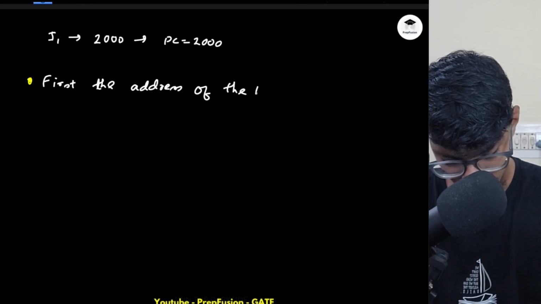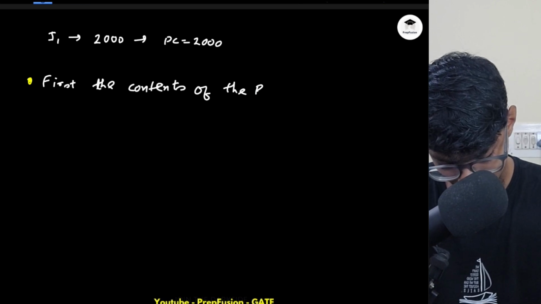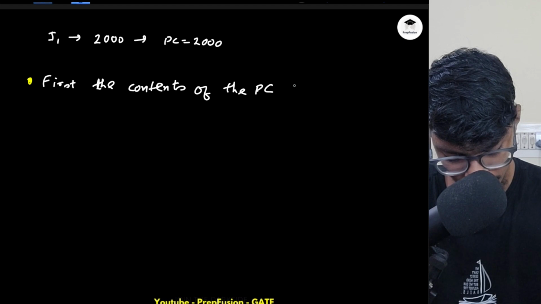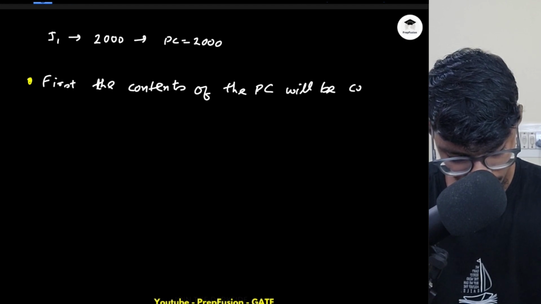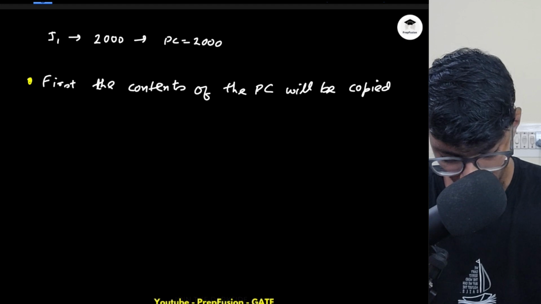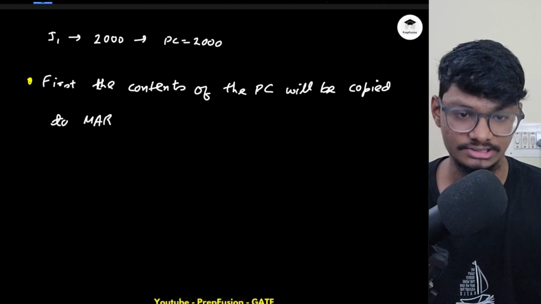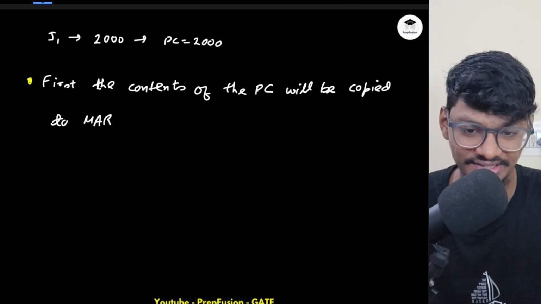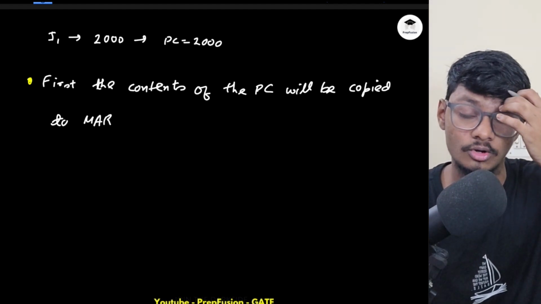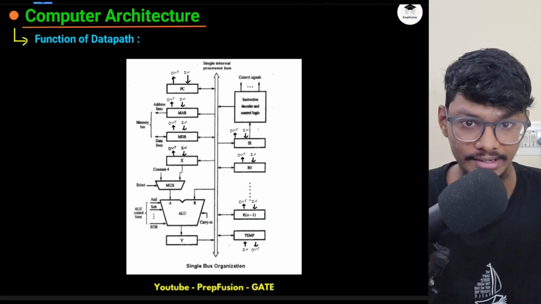First, the contents of the PC will be copied to the memory address register. It's not like I will directly copy to the instruction register. It's not that simple. So first I will copy the contents present in PC to the memory address register. So what exactly will happen?